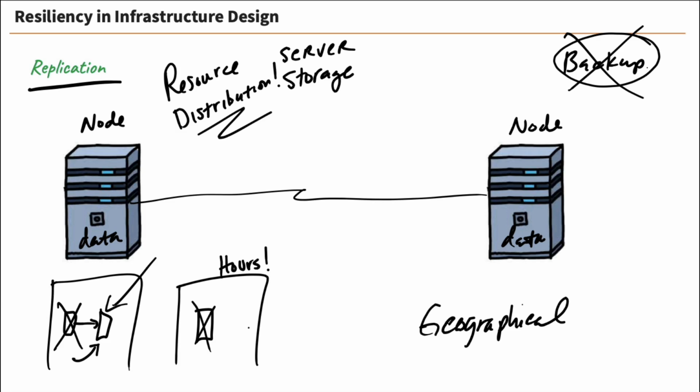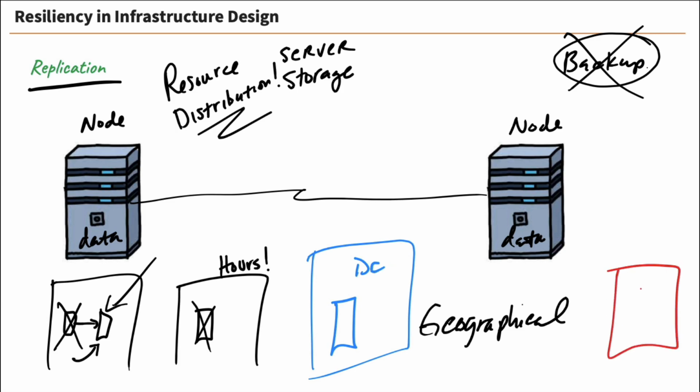And if we could replicate across a geographical distance, then that would be even better, because that way, if we did lose a server over here in this data center, the other data center that we replicate to is on the other end of the country, and most likely this data center being impacted by a natural disaster or something wouldn't affect the data center over here, and we'd have our data here ready to be used by our users.